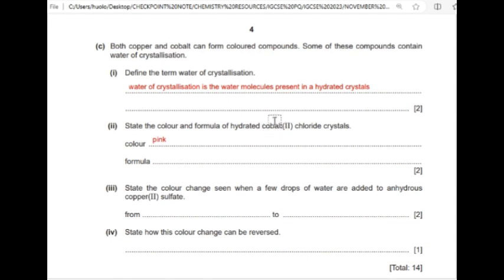Anhydrous simply means without water. So anhydrous cobalt 2 chloride is blue.